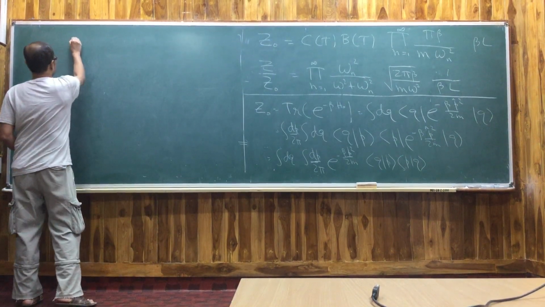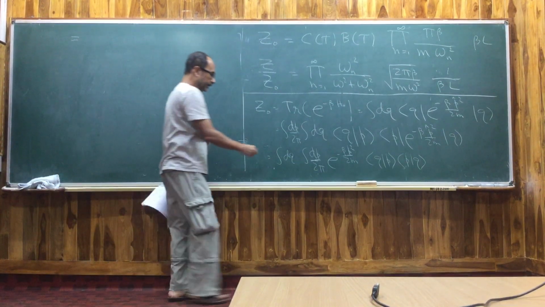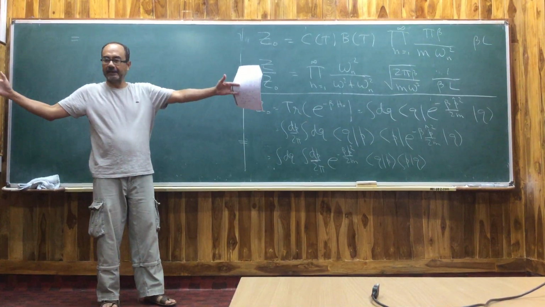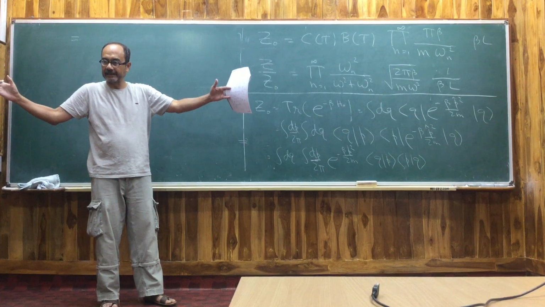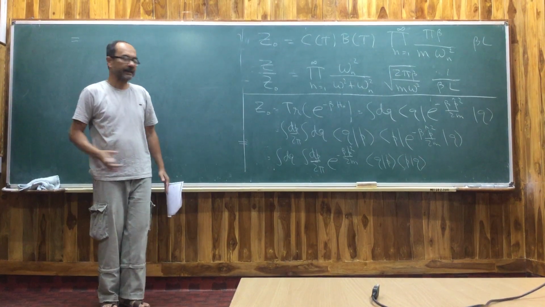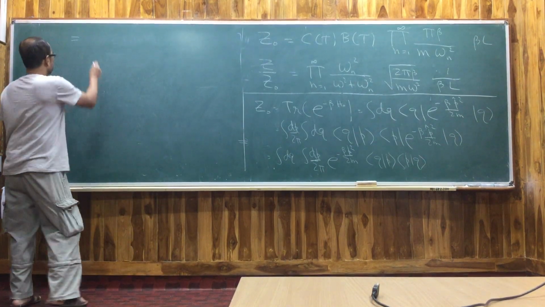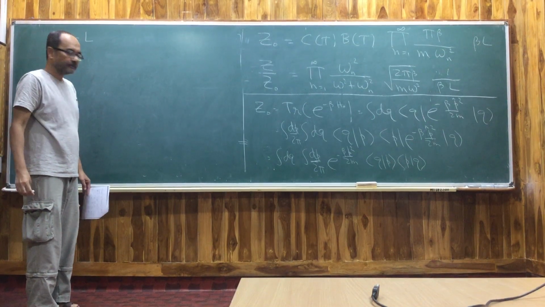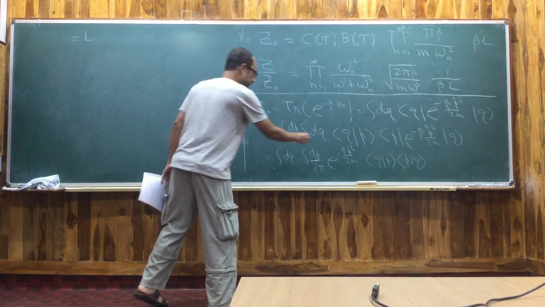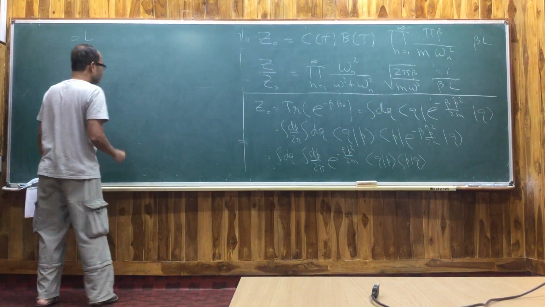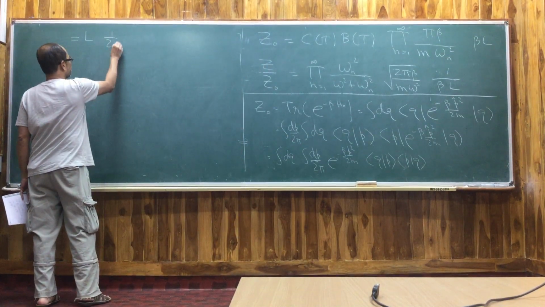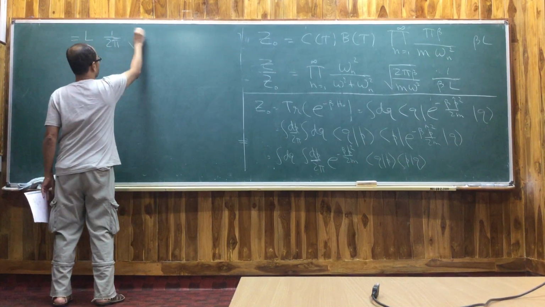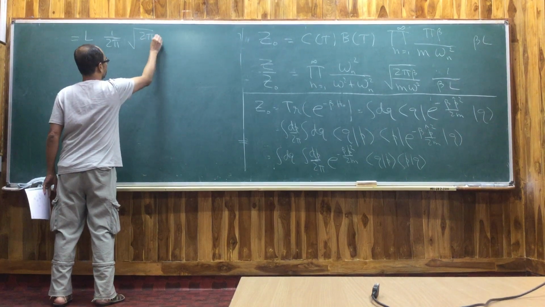So now the q integral, we have to use the fact that you have to put it inside a box of length L. You can take it to be periodic if you like. So that gives you L. And then the p integral is a Gaussian integral, so that gives you 1 over 2 pi times the square root of 2 m pi by beta.